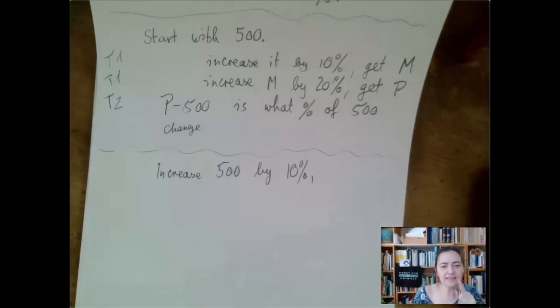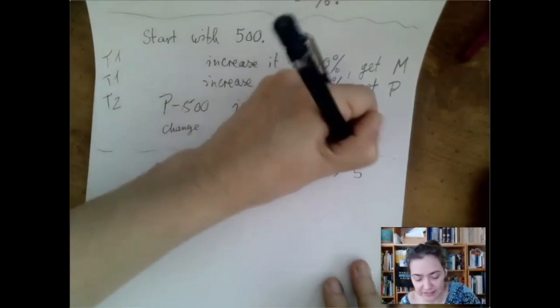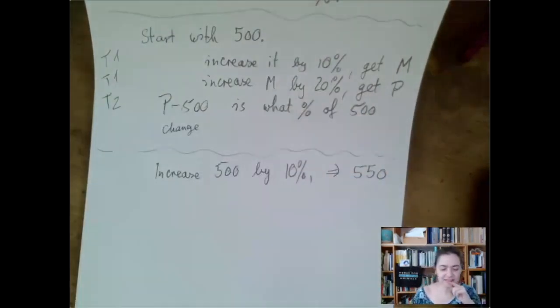No, so you're right about the 50, but if someone raises your salary from 500 to 50, you're gonna be troubled about that, right? So 50 is the change. So it's 500 plus 50. So it's 550, right?